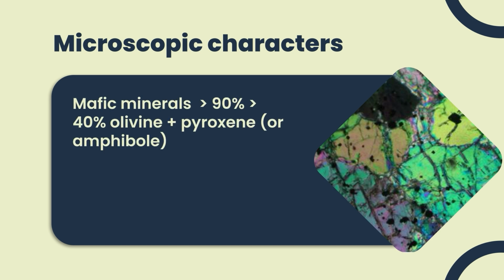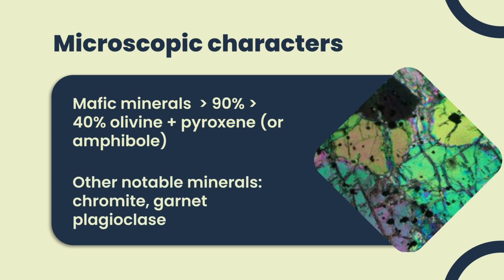In microscopic characters, we can see mafic minerals are more than 90%. Olivine and pyroxene are there, and amphibole may also be there. Other notable minerals can be chromite, garnet and plagioclase. You just saw in the photomicrograph that these minerals are present. You saw dunite, in which olivine is the major mineral, and you also saw some opaque minerals.